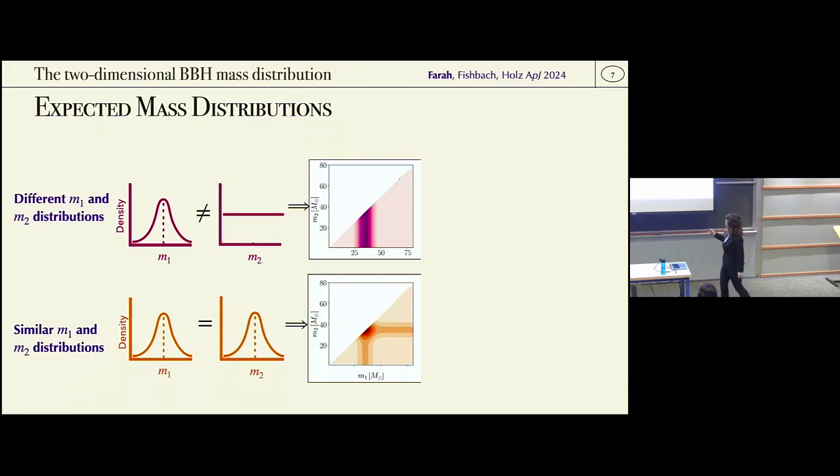There's nothing above the diagonal because we're defining primary mass to be bigger. And darker is higher density. So here, if M1 and M2 have different distributions, and there's only this peak in M1, we're seeing this vertical band, so only a feature in M1, whereas if they're similar, it's a symmetric picture, so you have a vertical and a horizontal peak. These look super different from each other qualitatively, so it should be really easy to see which one we're getting in the gravitational wave data.